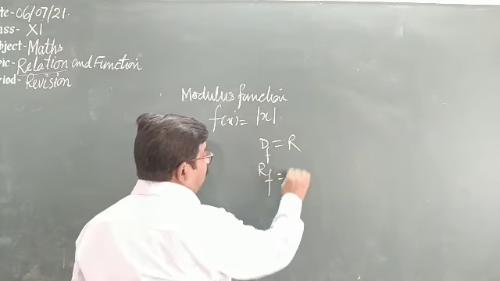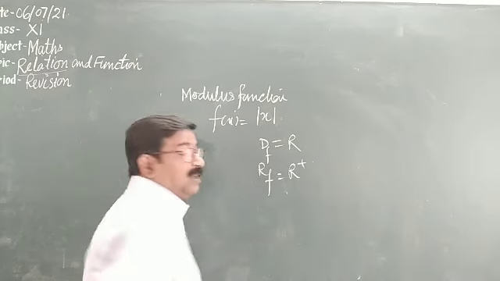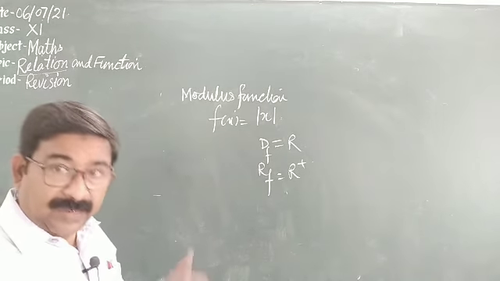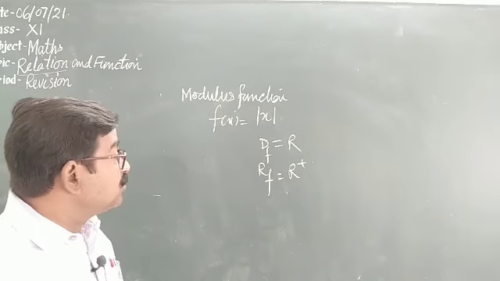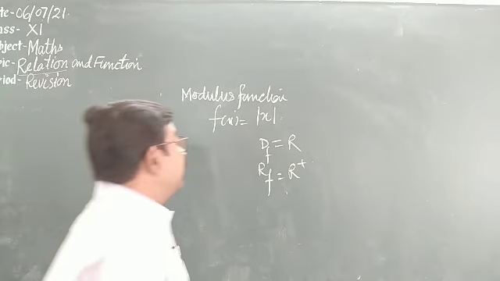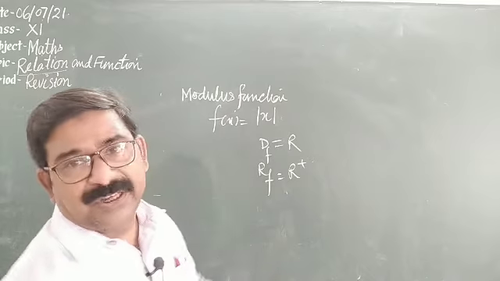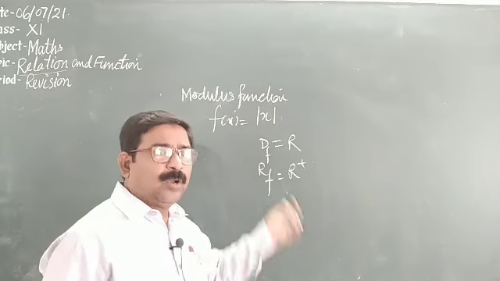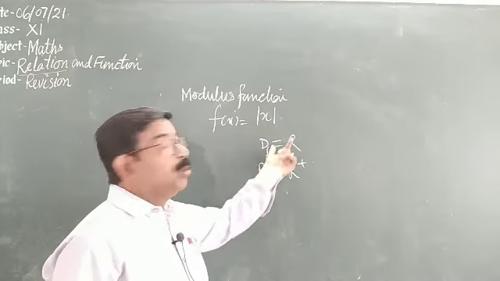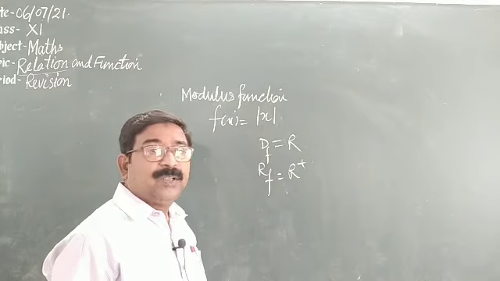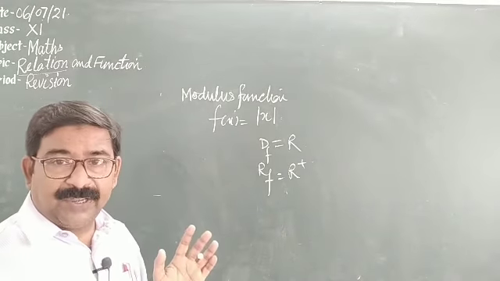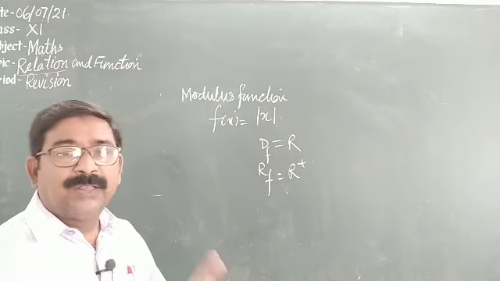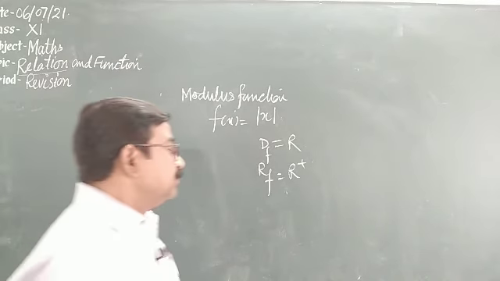The range of the function is the positive real numbers. Suppose we are given any function like |x + 3| or |x − 2|, the domain is always real, but the range will always be positive real numbers. Whatever real number comes, that must be positive.